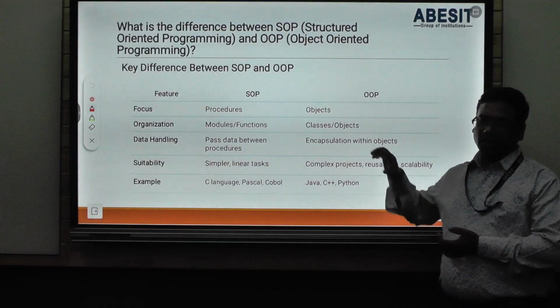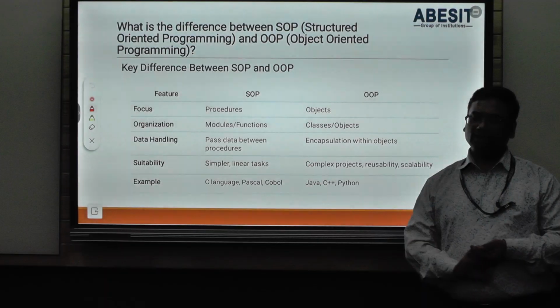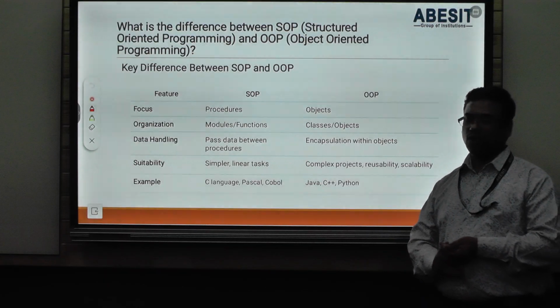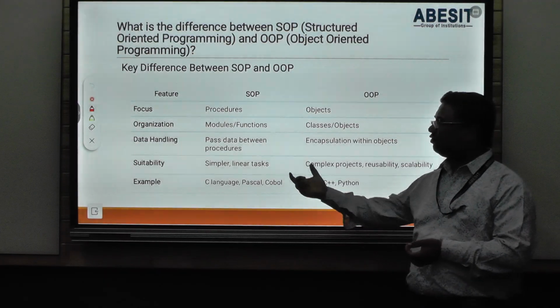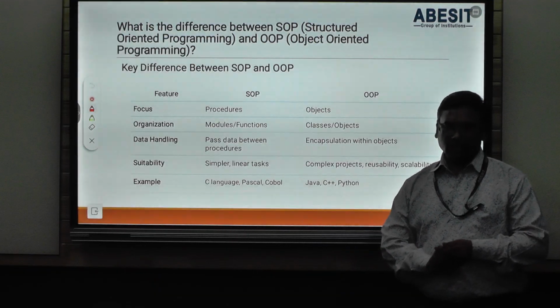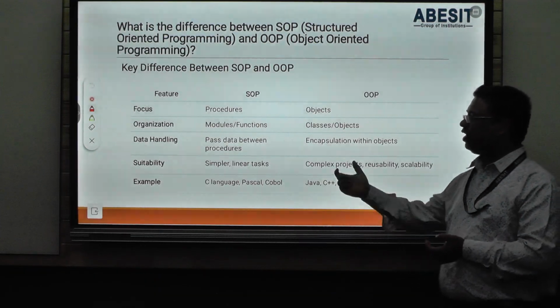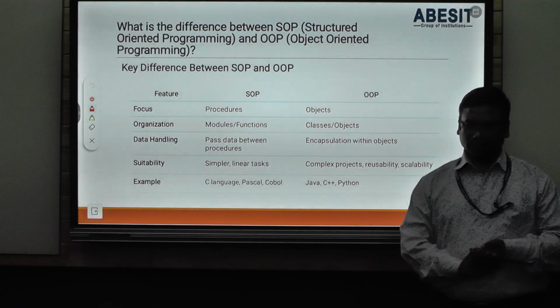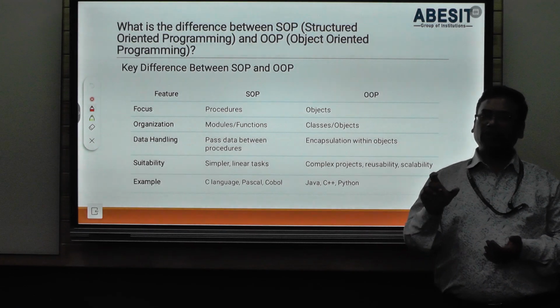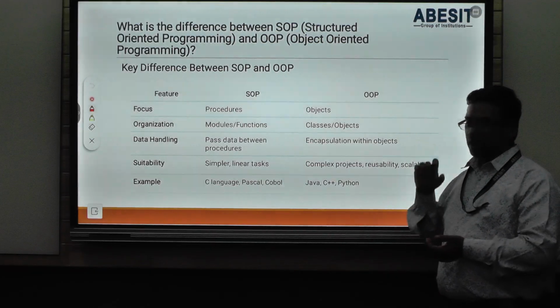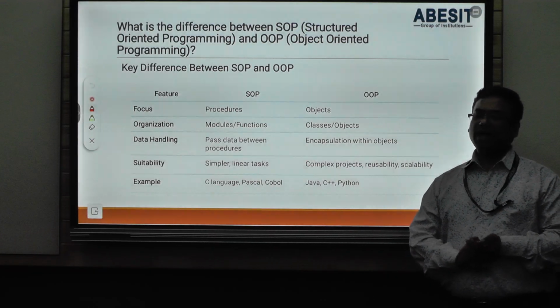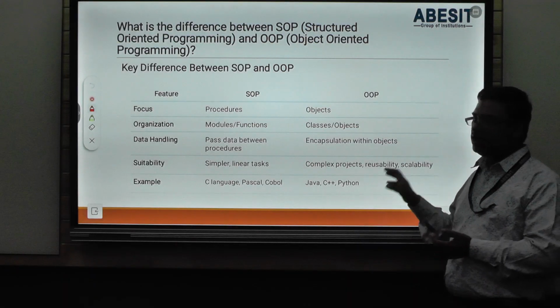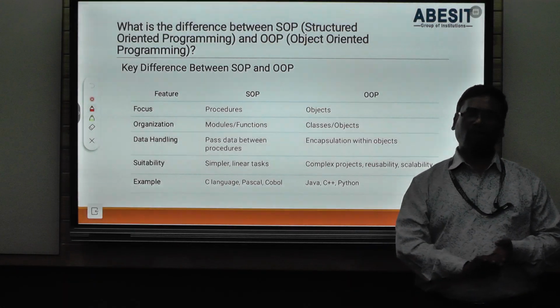What is suitability? SOP is suitable for simple and linear tasks or problems where flexibility of code is mostly required. In OOP, data is encapsulated within the object, which means data is secured and can only be accessed by the methods of the object.